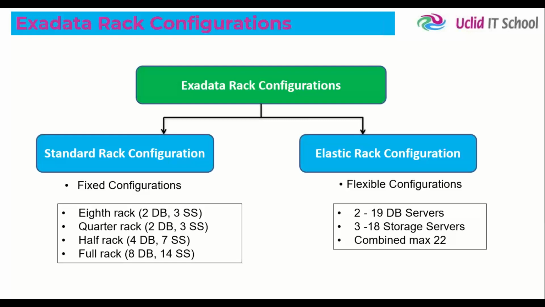They have taken quarter rack, disabled half of the CPU cores from the BIOS, removed half of the memory modules, removed half of the storage devices from quarter rack, and now shipped it as 8th rack. Otherwise, 8th rack and quarter rack, physically they are the same. So that way, you can understand the difference.